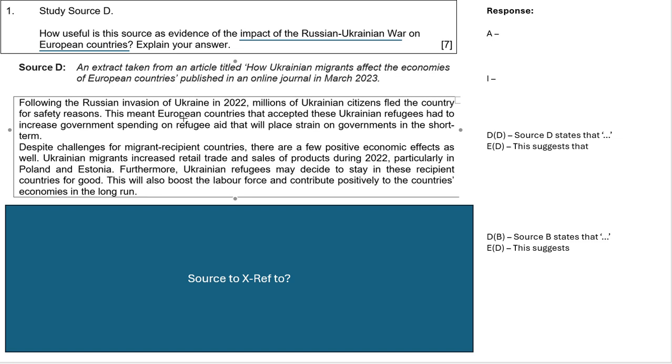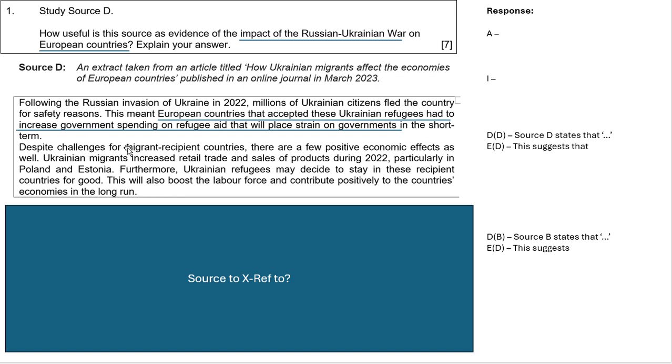Firstly, European countries had to increase government spending on refugee aid, and this will place a strain on the governments in the short term. So this is one impact that the war has had on European countries. They increase government spending to take care of the welfare of these refugees that come flooding into the country.